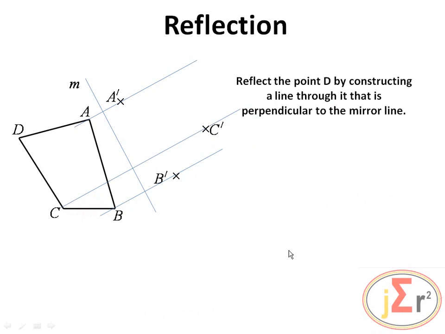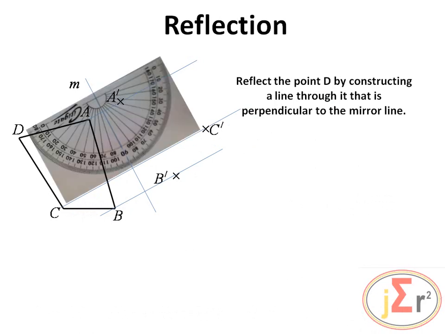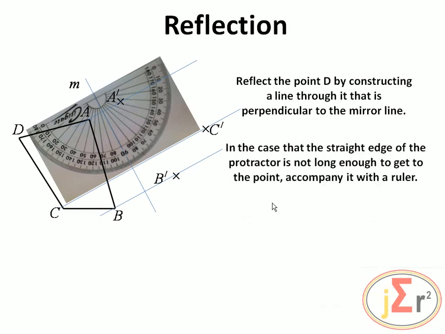Let us now reflect the point D by constructing a line through it that is perpendicular to the mirror line. Of course, in much the same way that we have done before. However, notice what is happening right here. The 90 degrees line of the protractor is exactly on our mirror line. However, the protractor does not get to the point D. We will therefore use a ruler to help us complete the journey. So in the case that the straight edge of the protractor is not long enough to get to the point, accompany it with a ruler.